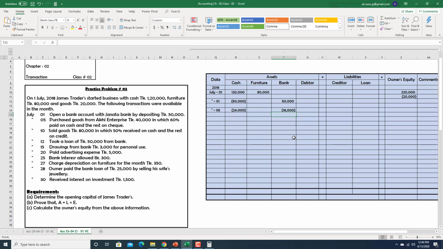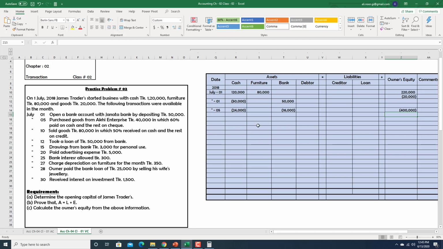So it will reduce 16,000, and you also have to put it into the owner's equity account, because purchase is an expense account, so it will definitely reduce owner's equity by the total amount, that is 40,000. So write 40,000 minus here.